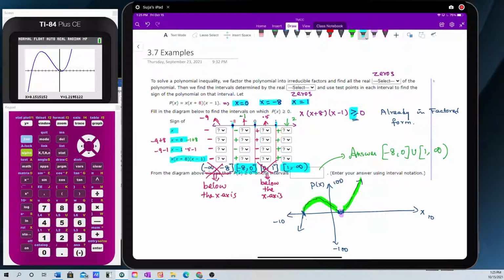So this will be the final answer to this question, which I could have done just by looking at the graph too. I can say that this was -8. This point was my 0. So actually my graph didn't go good. So let me redraw this thing. So the graph was something like this, right?